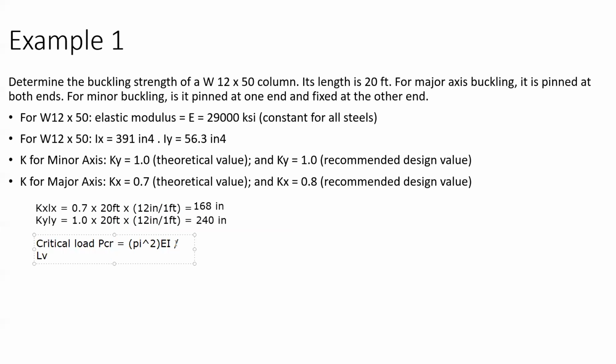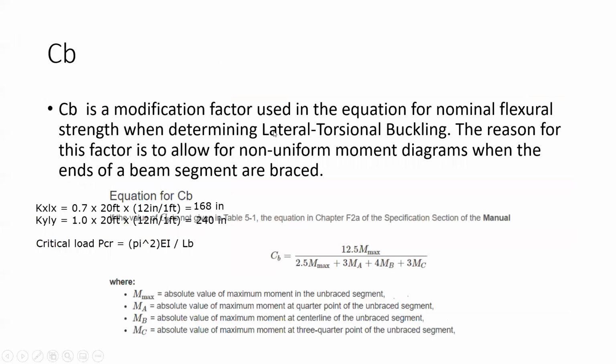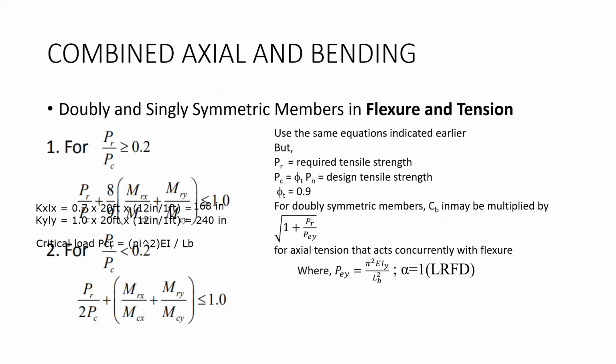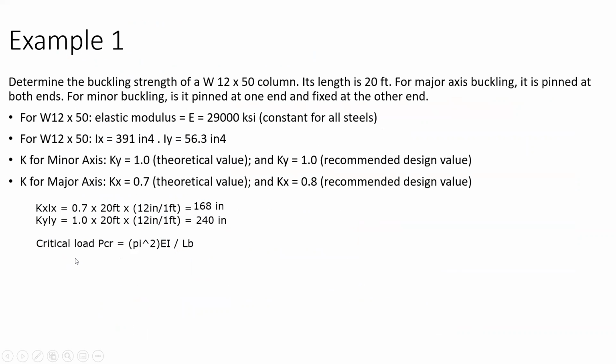Ito yung Lb kanina. So balikan natin yung ating mga formulas. Pcr over Lb. So ito yun. Axial tension acts with flexure. So you have pi squared EI over Lb squared. So ito na yung ginagamit ngayon. So we get that to get the critical load.